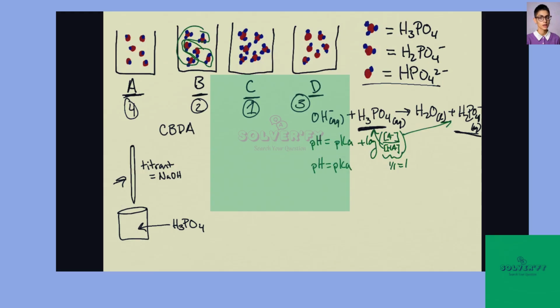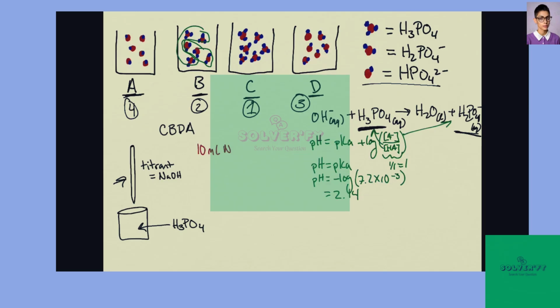The Ka1 of phosphoric acid is 7.2 times 10 to the negative 3, so the pH is the negative log of 7.2 times 10 to the negative 3. And this is 2.14.